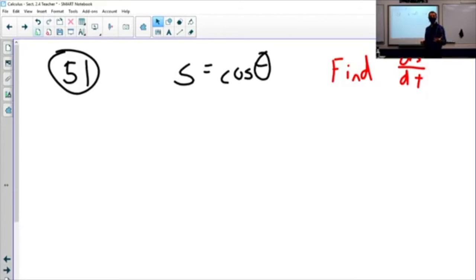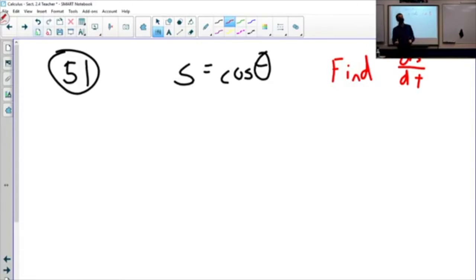Last one we'll do here is actually off of the homework. And we're going to talk about this a lot more in a future chapter, but it also does use the chain rule. And so if we're asked for ds dt here, well, there's no t. So what we're essentially going to do is create a t variable, and we're going to cancel it.